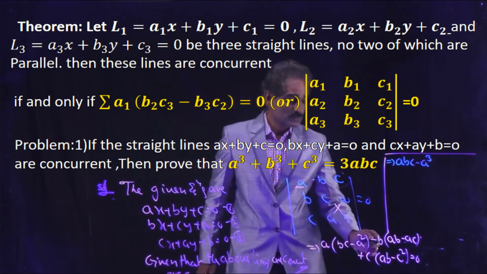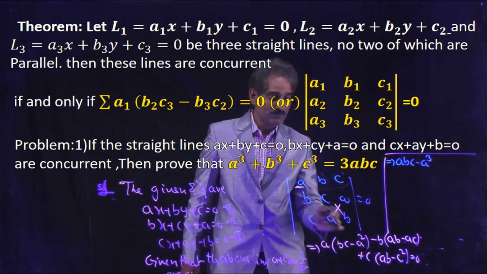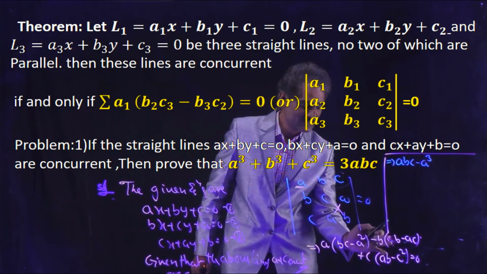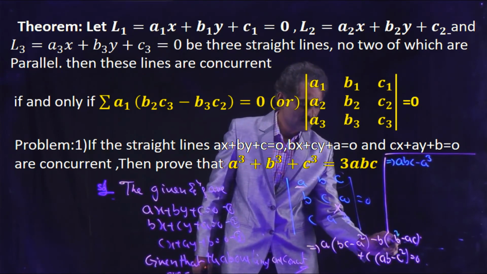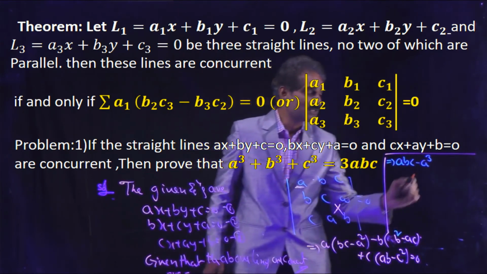Next, B into (B square minus AC), that means minus B cube plus ABC.